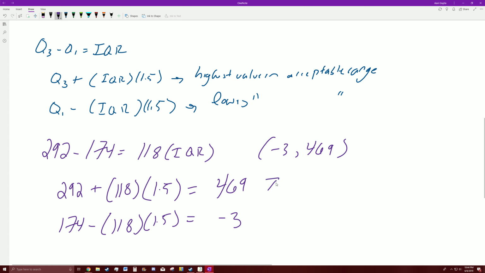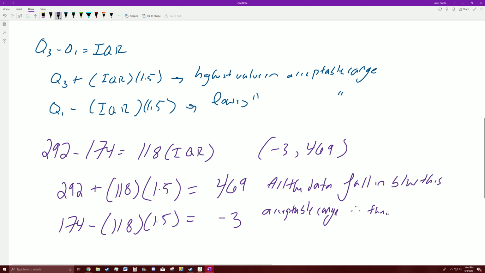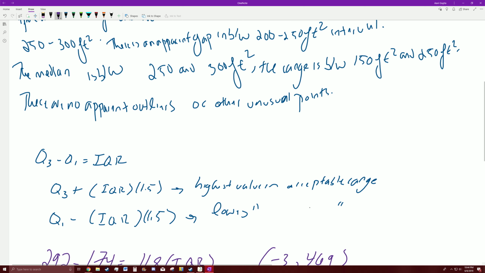We'll say this: all the data fall in between this acceptable range. Therefore, there are no outliers. Okay? And again, you could have answered this question that way anyway.